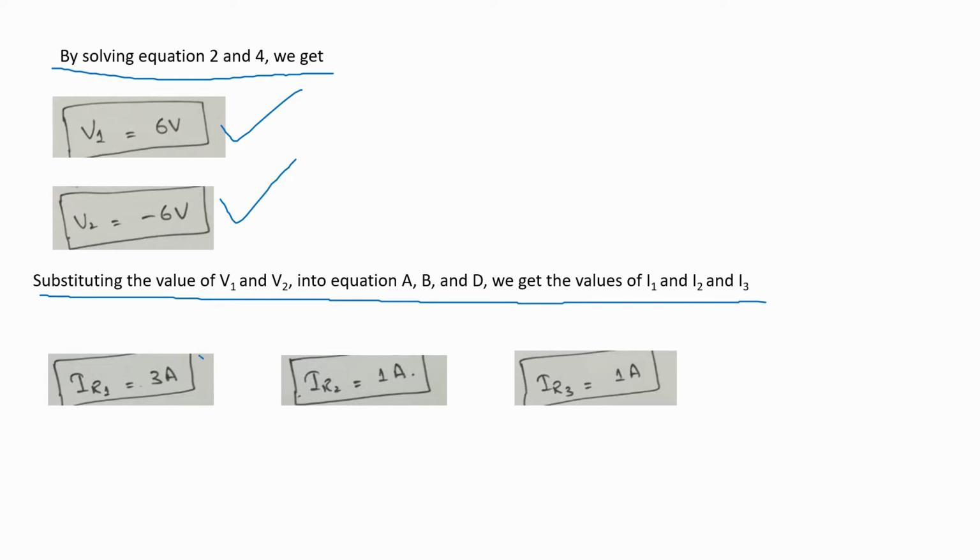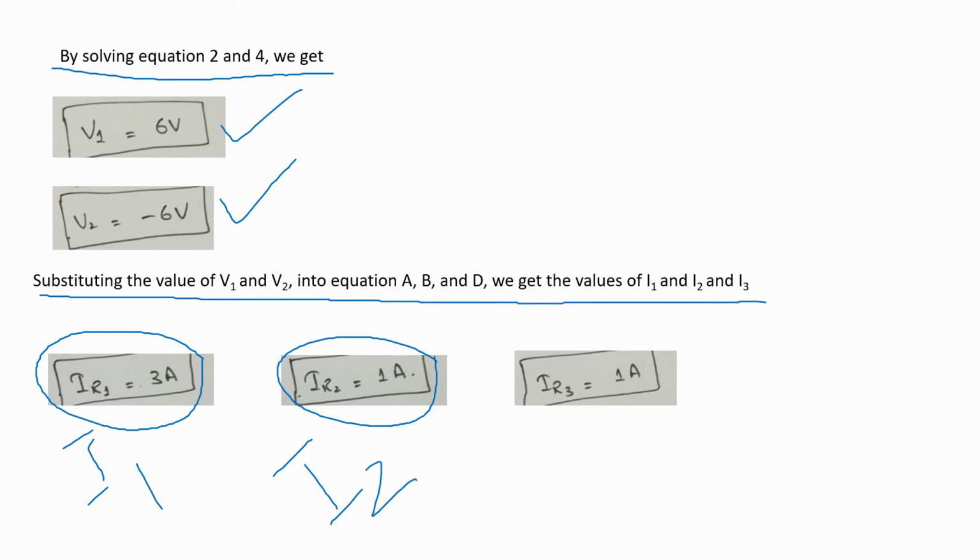IR1 is the current that flows through resistor R1, which is equal to I1. IR2 is the current that flows through resistor R2, which is equal to I2. Similarly, IR3 is the current that flows through resistor R3, which is equal to I3. So these 5 values are the required values for this question.